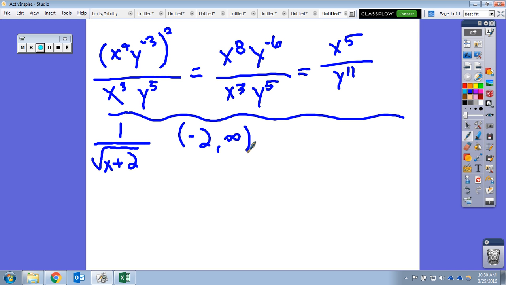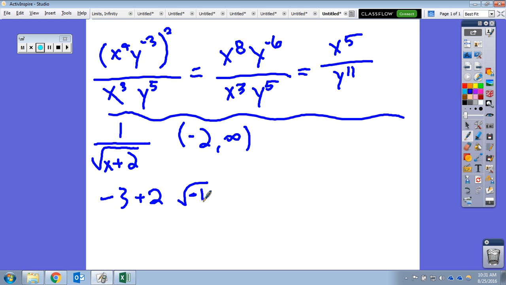Okay, so for this, you can have the square root of 0, right? But you can't have the square root of a negative number. So say this was negative 3 plus 2, it would be square root of negative 1, so that doesn't work.